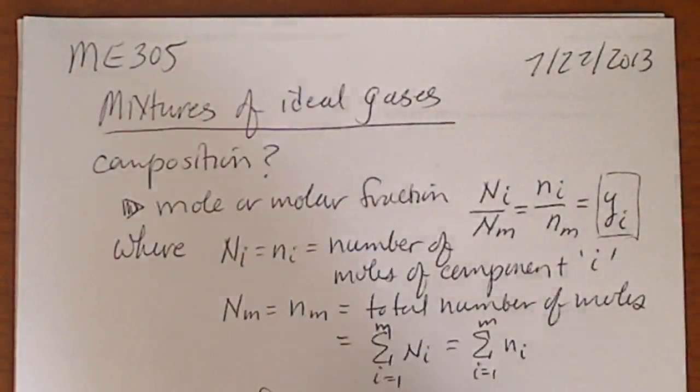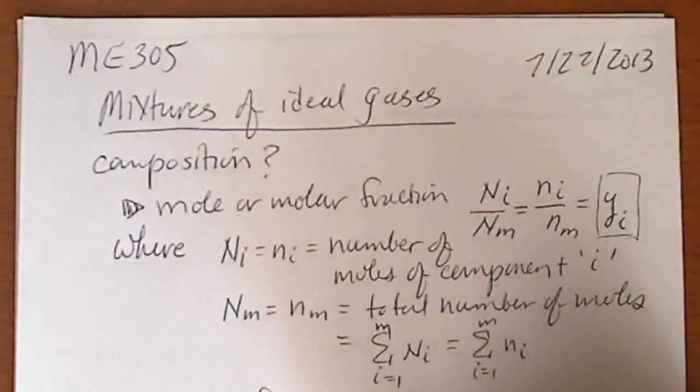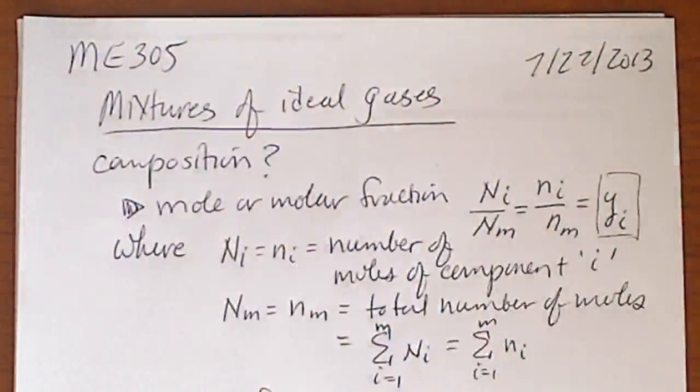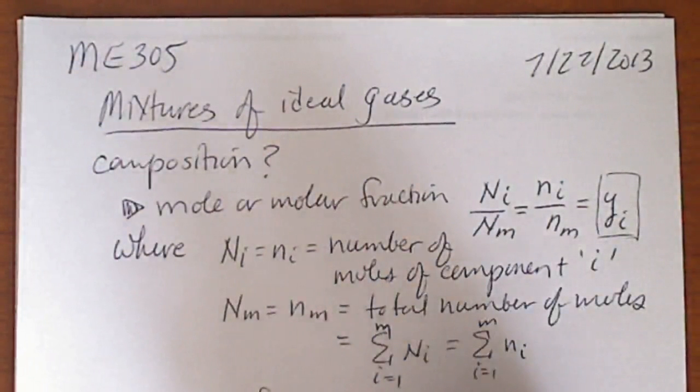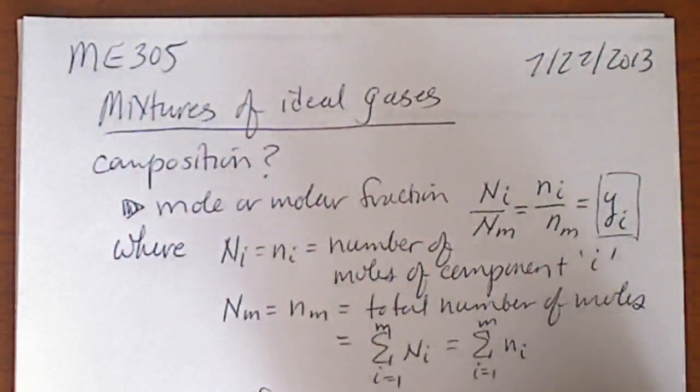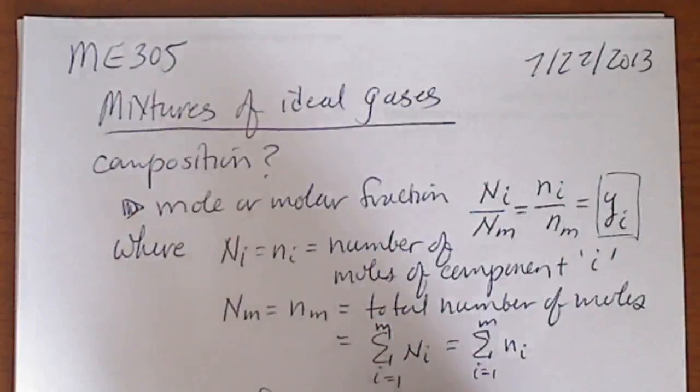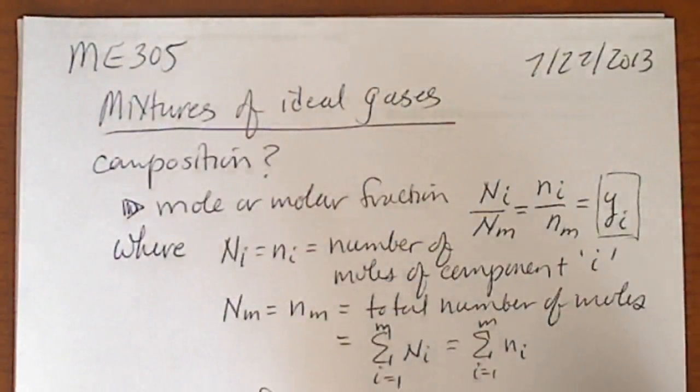So this becomes our mass fraction, and we don't have a good shorthand for that, so we call that MF, mass fraction of component i, where m_i is the mass, and then m_M is the total mass of our mixture.